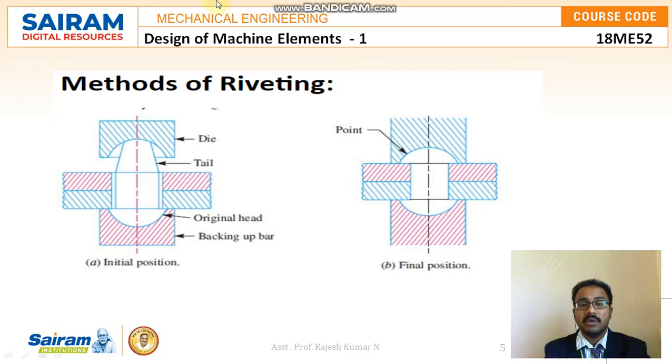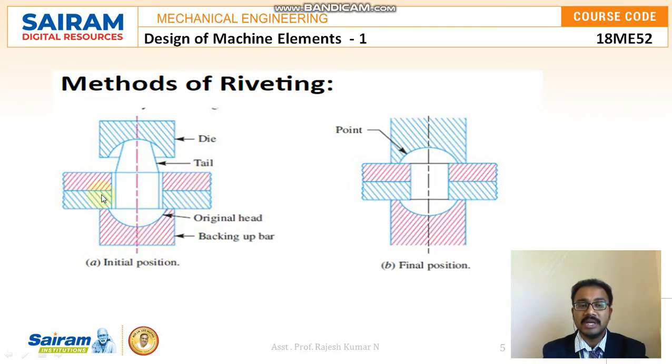Now the methods of riveting. Here I want to explain using these drawings. This is the original plate. Two plates are there, and I want to connect these two plates. So how will I connect them?